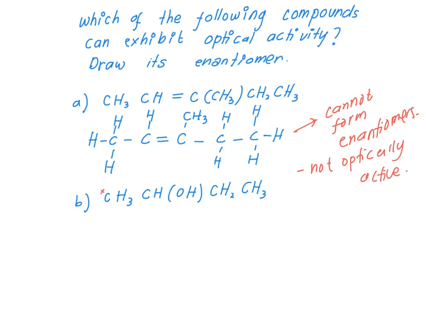For structure B, if you check the carbon atoms in this structure, let's say you check the first carbon, it is not a chiral carbon. Second carbon, yes. Third carbon, not, and the fourth carbon also cannot be a chiral carbon. Since you have identified that the second carbon is a chiral carbon, you just have to identify the four different groups attached to it.